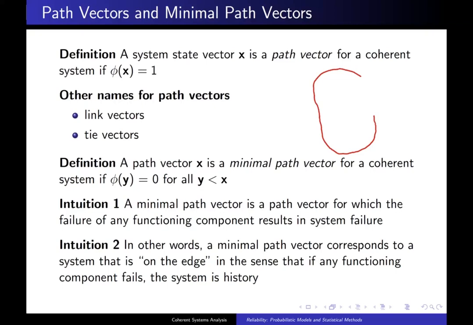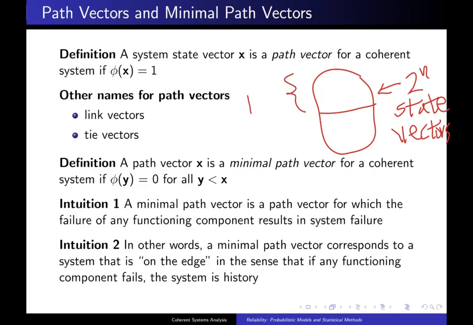So if you think of this set right here as all of the 2 to the n system state vectors, then there is a subset of those system state vectors which are going to be called path vectors. So here are the path vectors, and they correspond to an operating system.